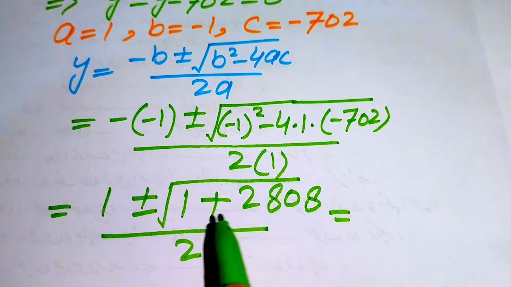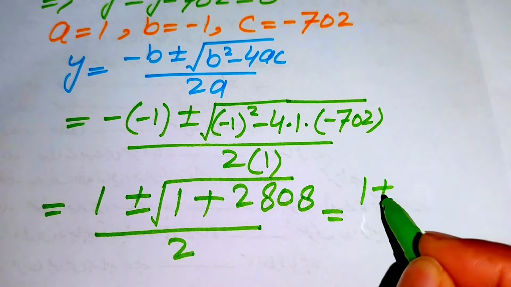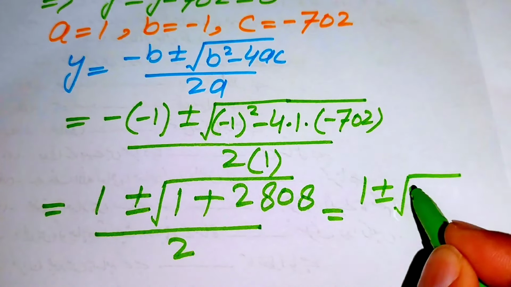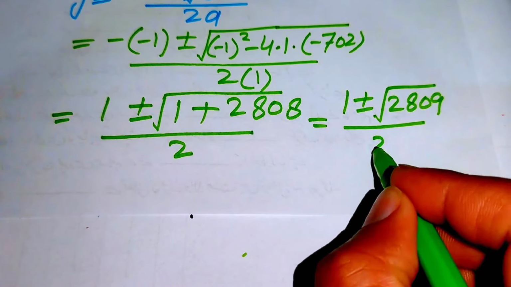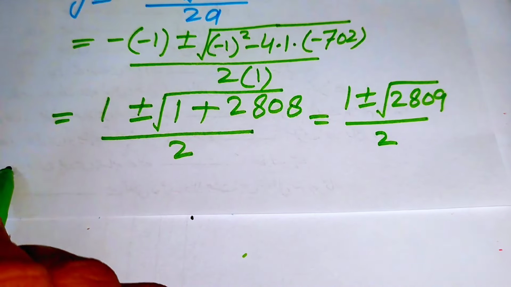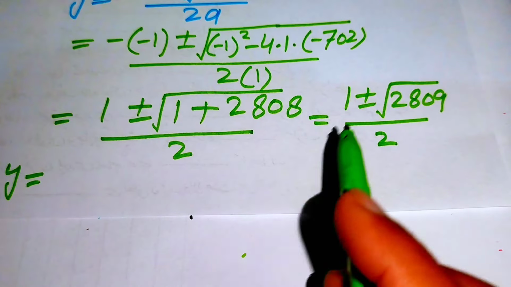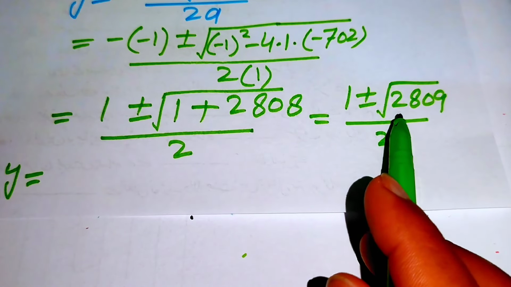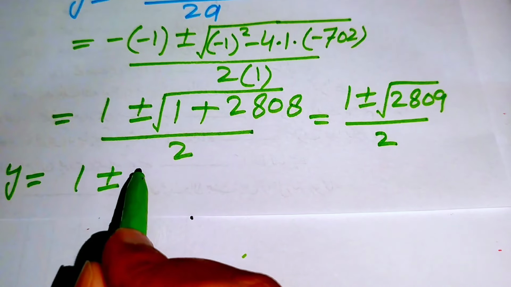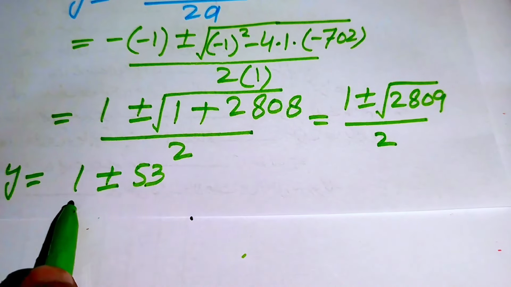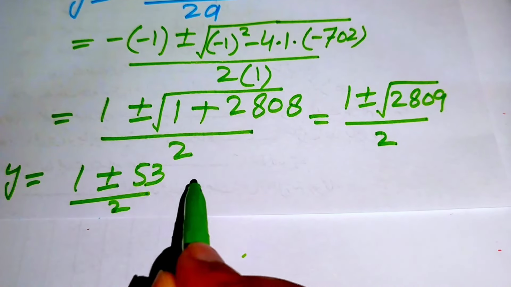Here we simplify this equation, and we obtain 1 plus minus square root of 2809 divided by 2. We know that the square root of 2809 equals 53, and this whole divided by 2.